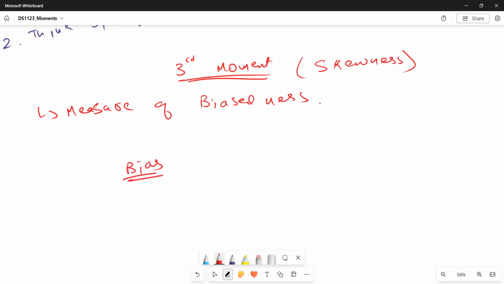If you look for the morphological meaning of the word bias in any English dictionary, you'll find that it basically means some kind of favoritism. The measure of this favoritism is basically skewness.